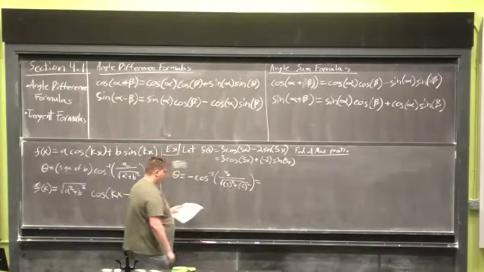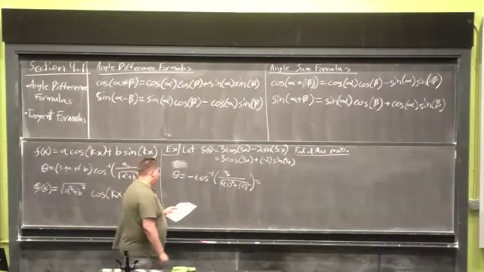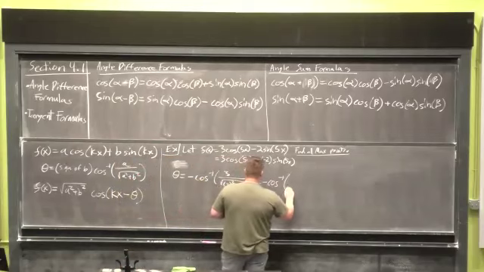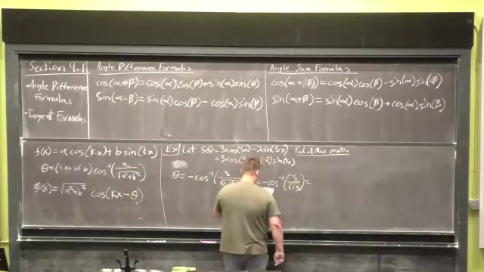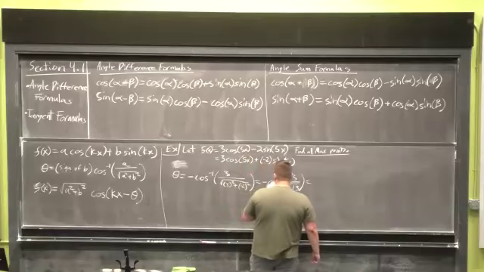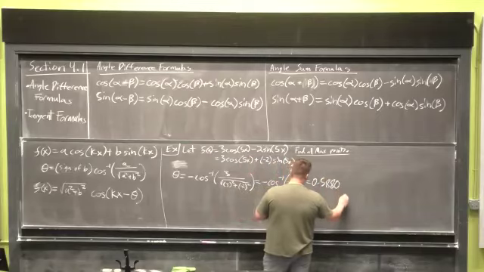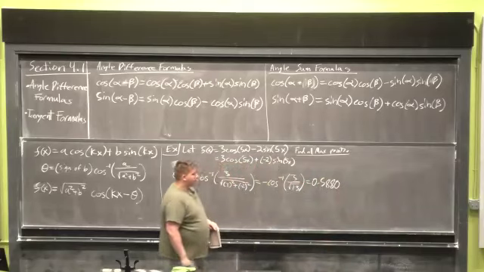And we get negative cosine inverse of 3 over square root 13, which is approximately equal to 0.5880 radians.